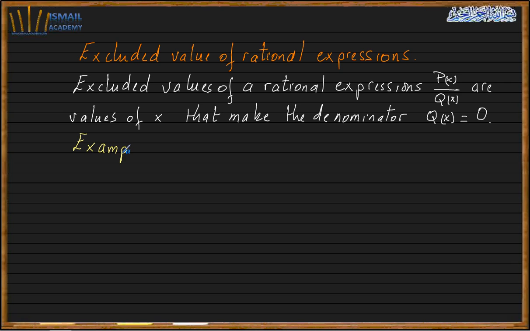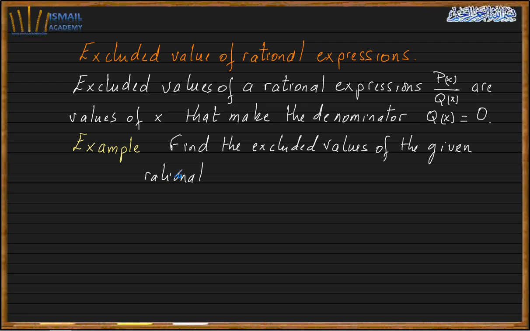Example. If they ask me to find the excluded values of the given rational expression, for example, something over x squared plus 5.